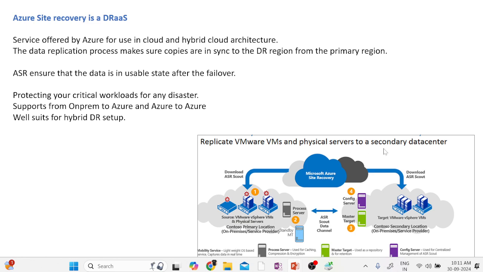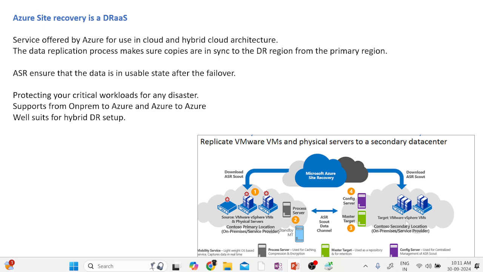You can see the sources that can be used in disaster recovery: on-premises VMware vSphere VMs and even physical servers can be replicated using Microsoft Azure Site Recovery, and ASR means Azure Site Recovery, and you are going to create it in the cloud.